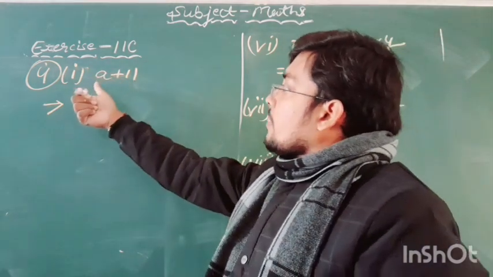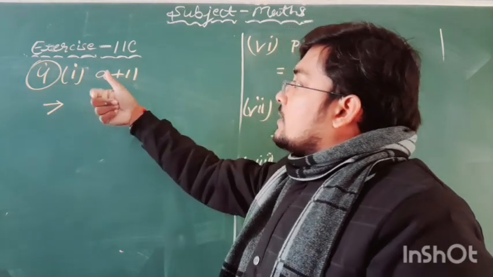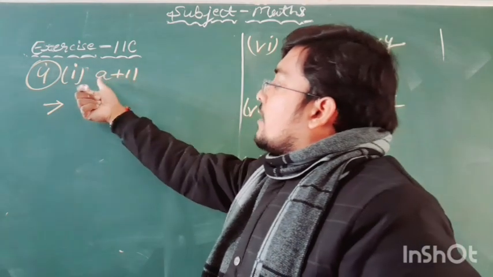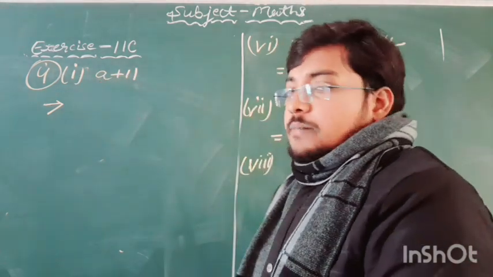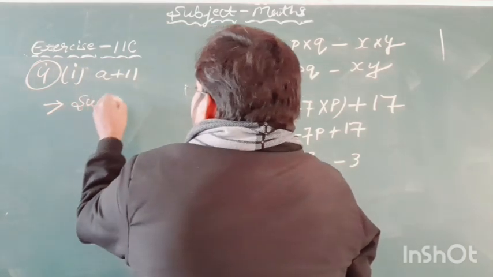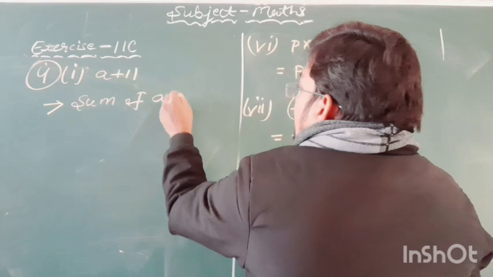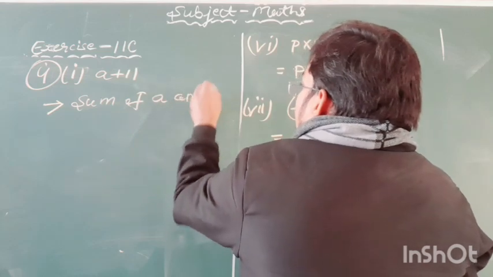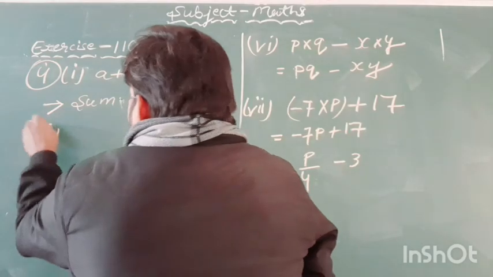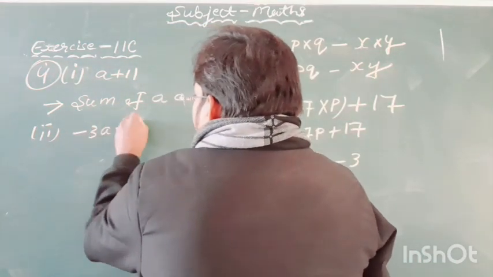So we see a plus 11. It means we can write sum of a and 11. So its required sentence is sum of a and 11. Second is minus 3a minus 5.